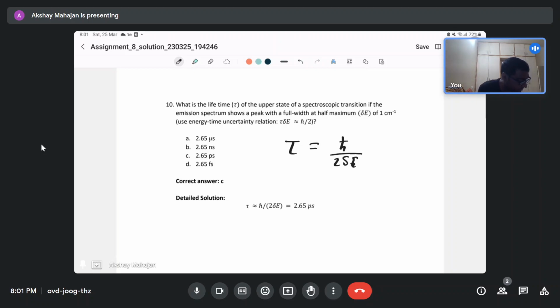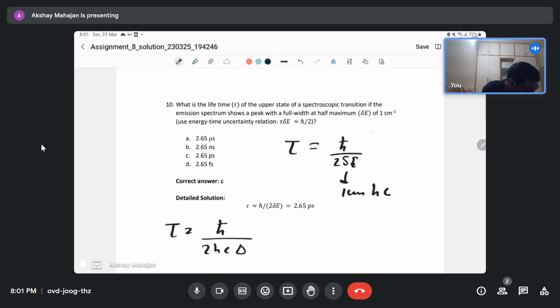So basically it is del E, and this del E is given by, we have given 1 centimeter inverse, and as we solved in our sample problem, you just have to multiply this delta by hc. You have to multiply it by h and c, and so your tau will be h cross by 2 times hc times your delta.